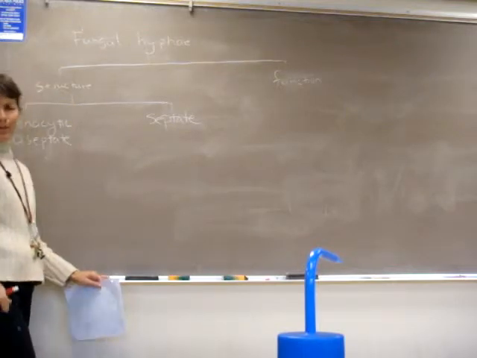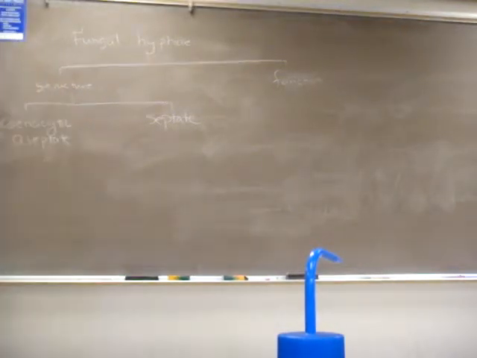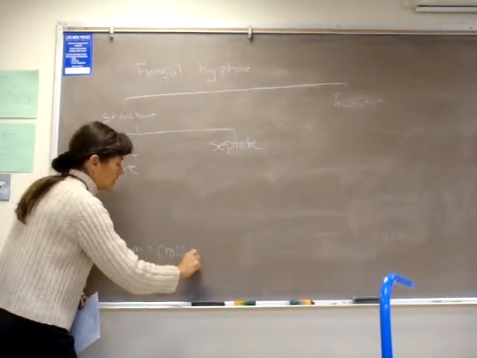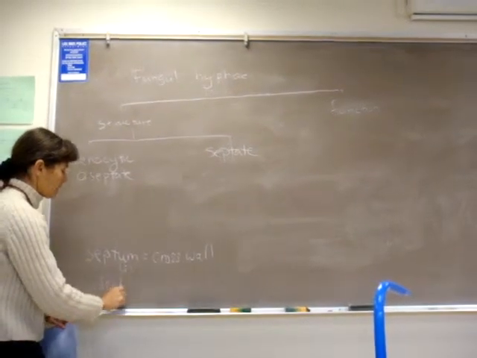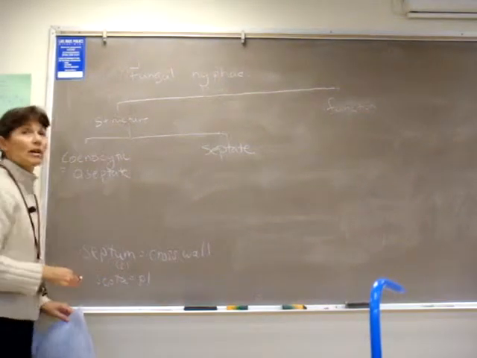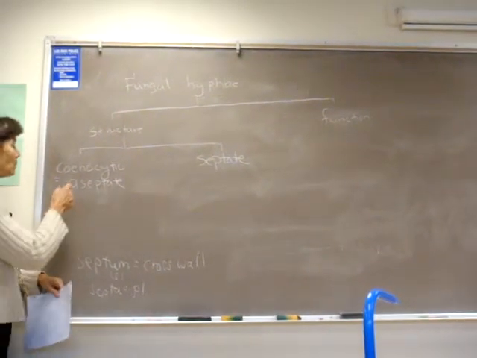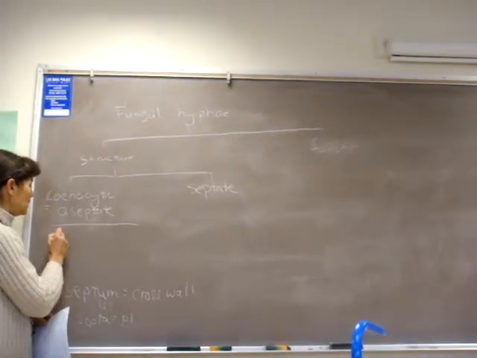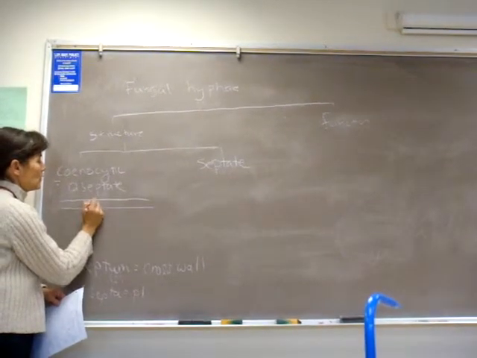Okay, so what is this septate and aseptate? Okay. Well, just so we know, down here, a septum is a cross wall. Okay, septum is singular. Septa is plural. So many cross walls. So what we mean by cenocytic or aseptate hyphae is that if we look at one of those filaments, one of those hypha, we won't see distinct cross walls between individual cells.